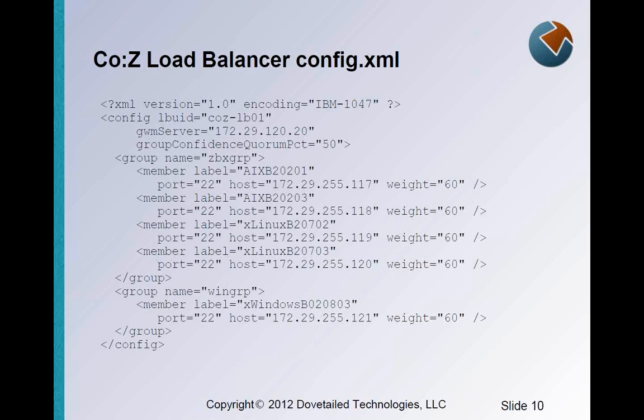Okay. Following this outer element, we have two groups defined. The first group is called ZBX group, and as you can see, it contains the two AIX virtual servers and the two Linux virtual servers, each with their host IP address and the port that they're going to be listening on for work. So we're listening on SSH, port 22, and then each of these servers is given a standard or starting default weight, which we've set to be 60.